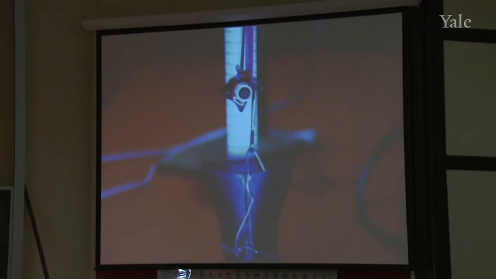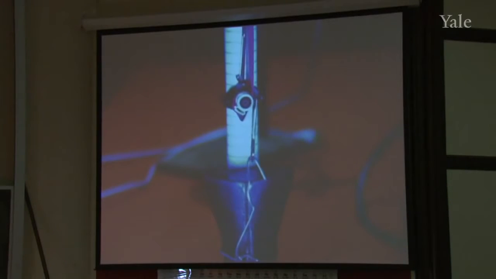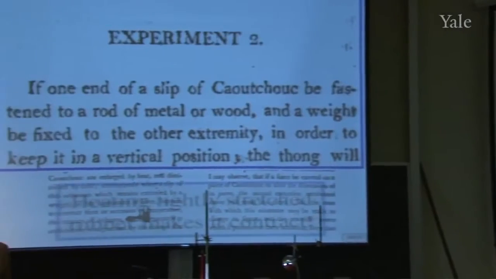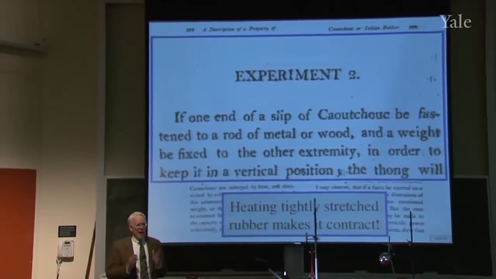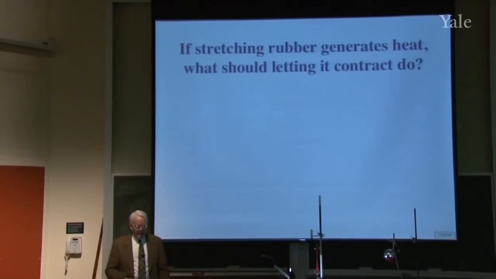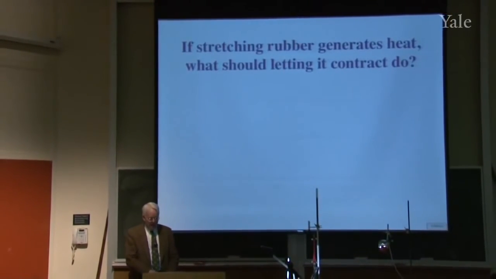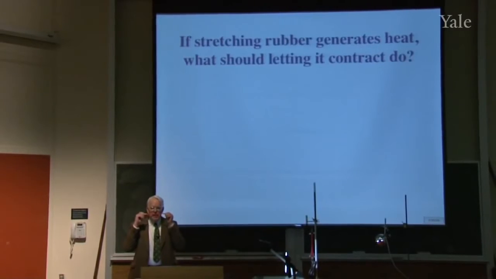So we're going to have to deal with that. So heating a tightly stretched piece of rubber makes it contract. Okay? So if stretching rubber generates heat, that's what we did here.